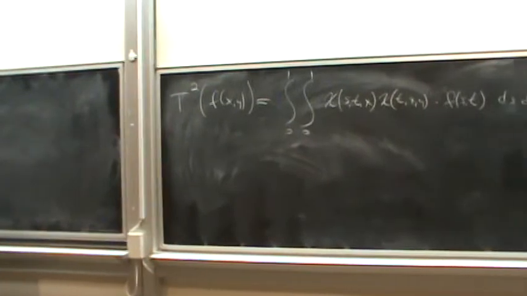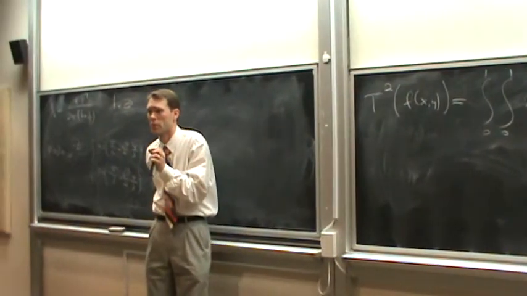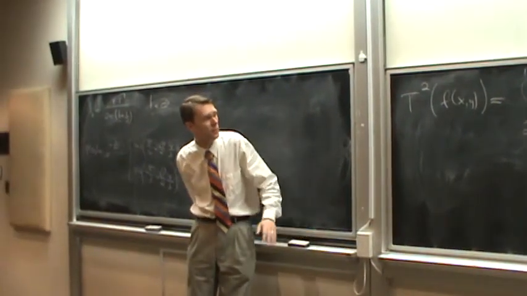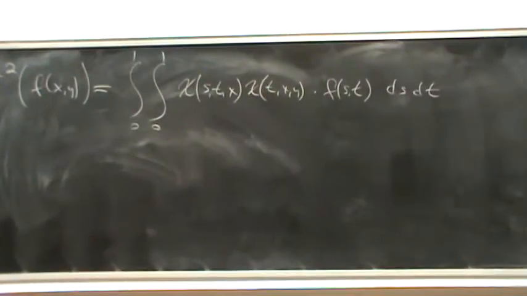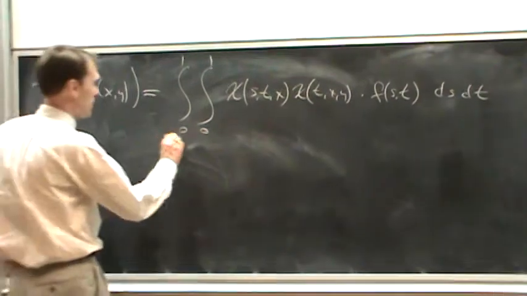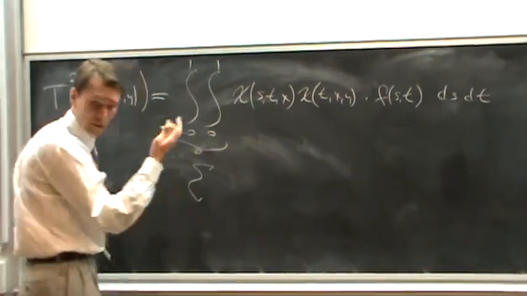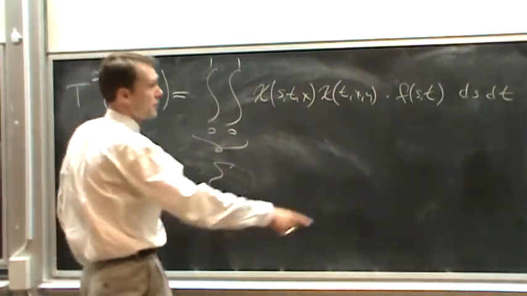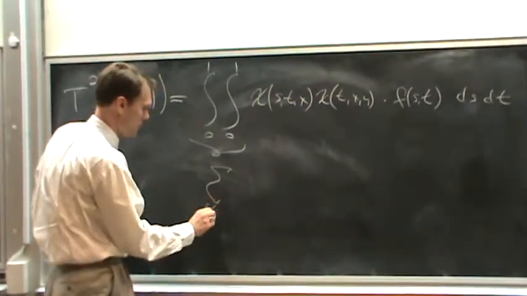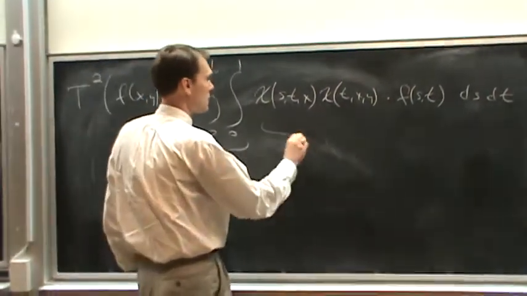And now look at this. This has a very nice form because this looks like matrix multiplication. Well, usually matrix multiplication is a sum. What are we summing over? Well, this s and t. This is the matrix.